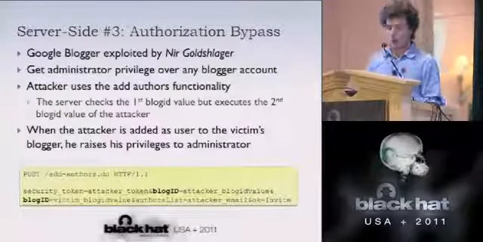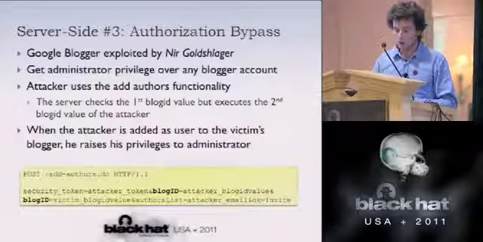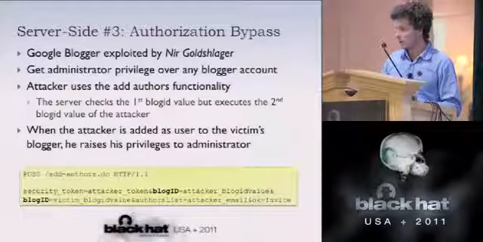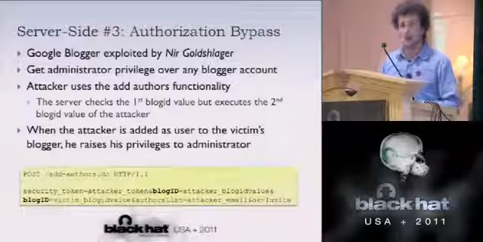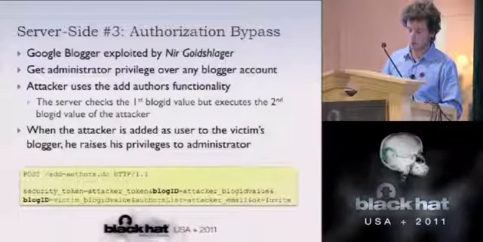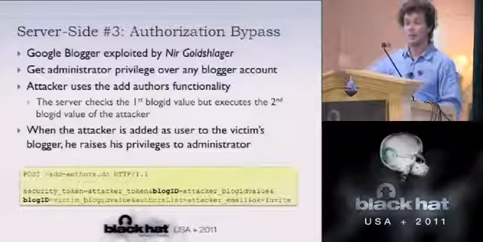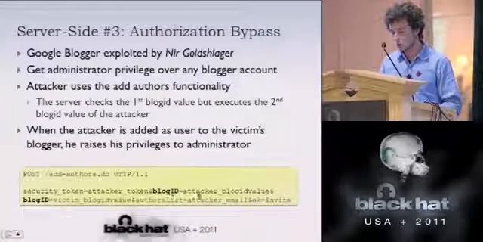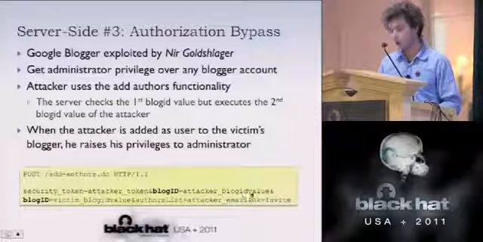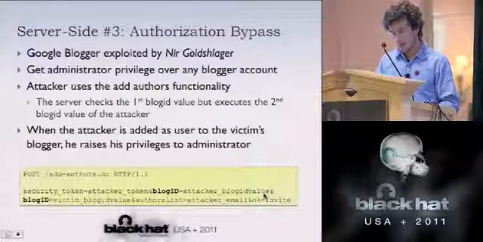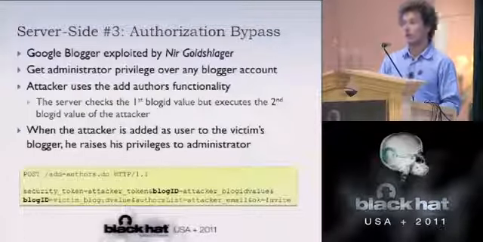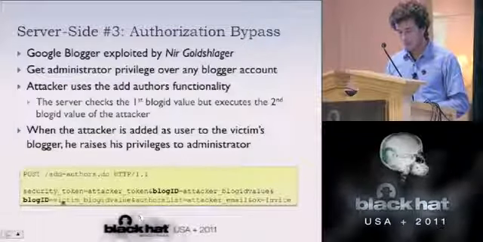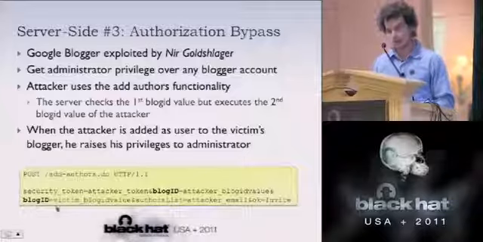Then you log into your blog, and you do a post, the normal post that you do when you want to add an author to the blog. Here you specify the attacker blog ID value, that is actually the blog ID of the blog that you just registered, and then you append another blog ID parameter where you specify the victim blog ID value.